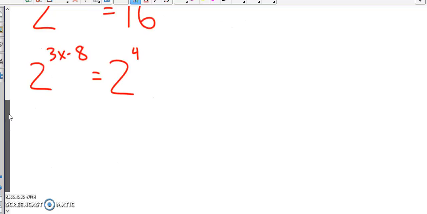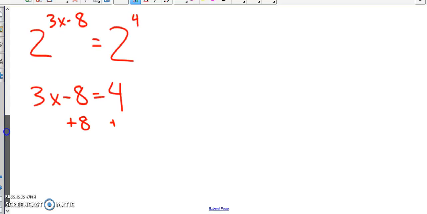So at that point, what could we do? Okay, so how would that look? Yeah, 3x minus 8 equals 4, because since the 2's match, the exponents have to match.